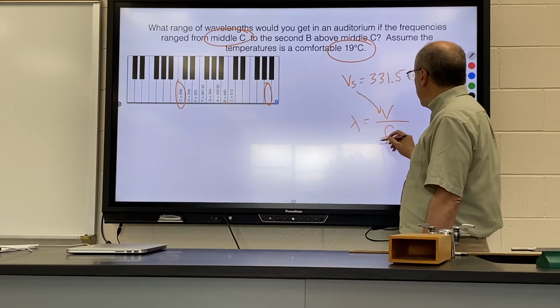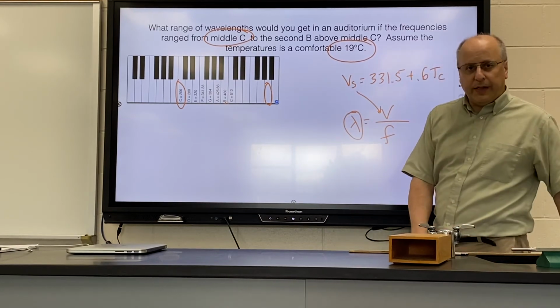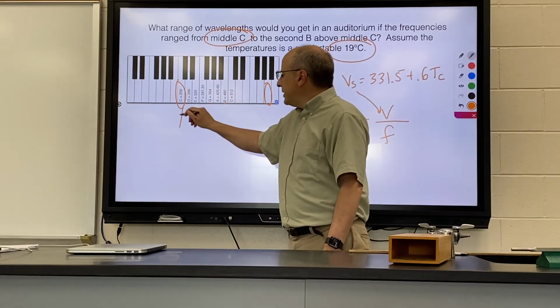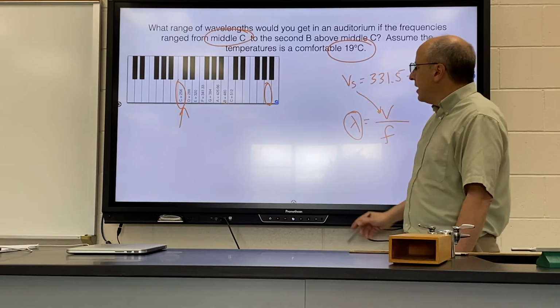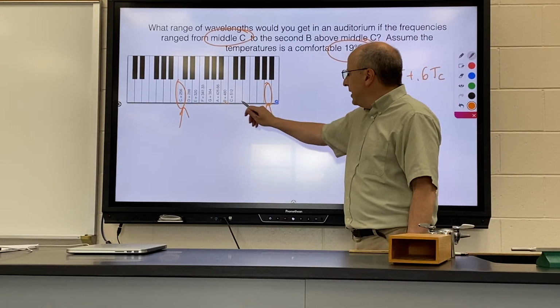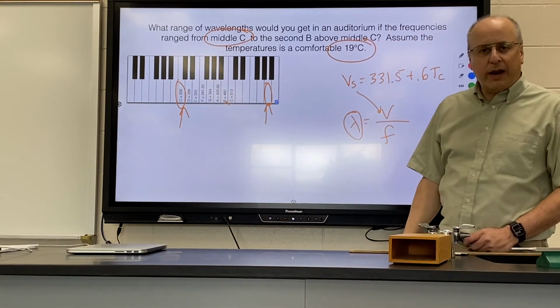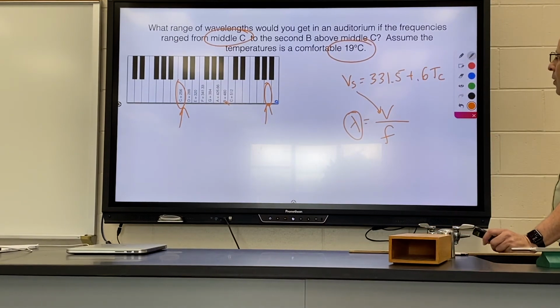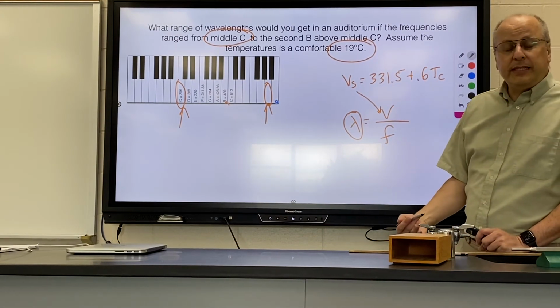in here, and you're going to solve for your different wavelengths. Do it once for C, which is 256, and do it once for the B key that is 1 octave above, 480. All right? Why do we want to know the wavelength of these sounds?